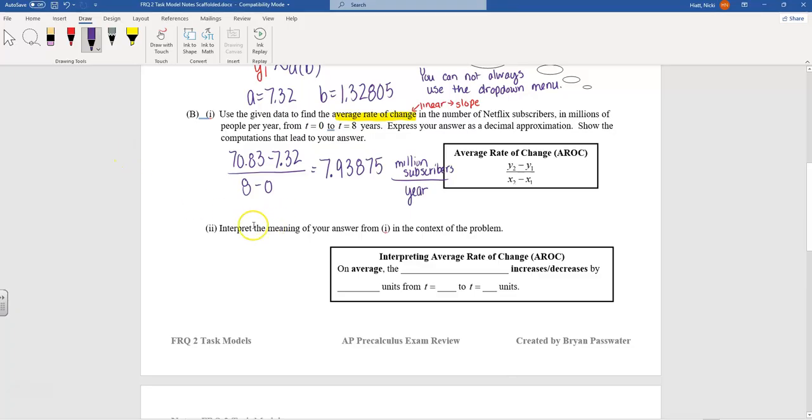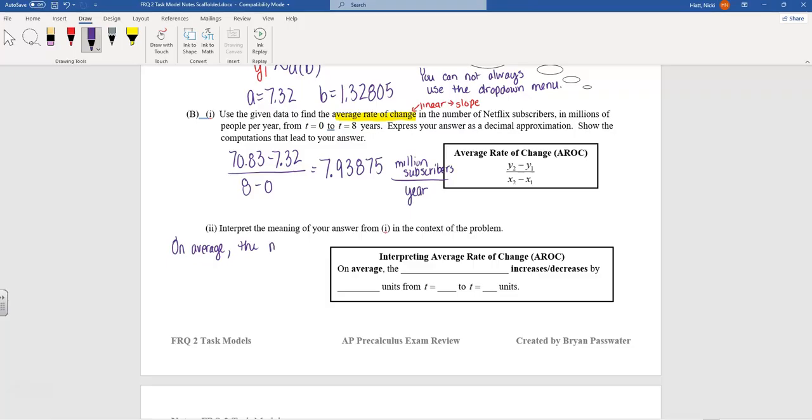Mr. Passwater has made us sort of like a sentence structure that we can fill in. It doesn't have to be written this way, but this is a good way to answer this question. So start with, on average, the blank increases or decreases by so many units from t equals blank to t equals blank. So if we're writing that here, we would say, on average, the, what are we talking about here?